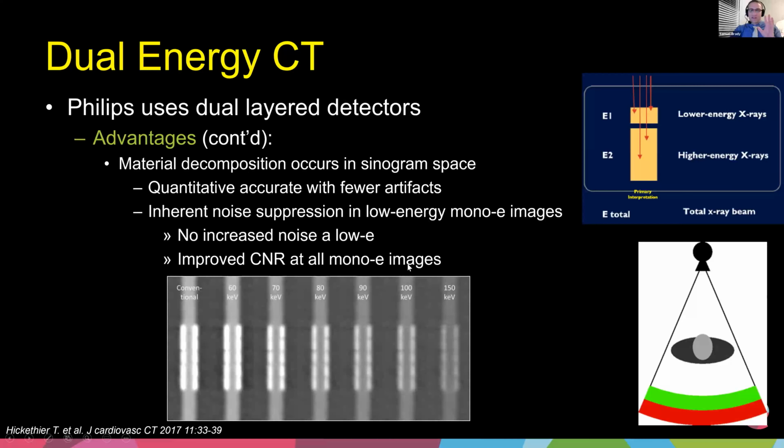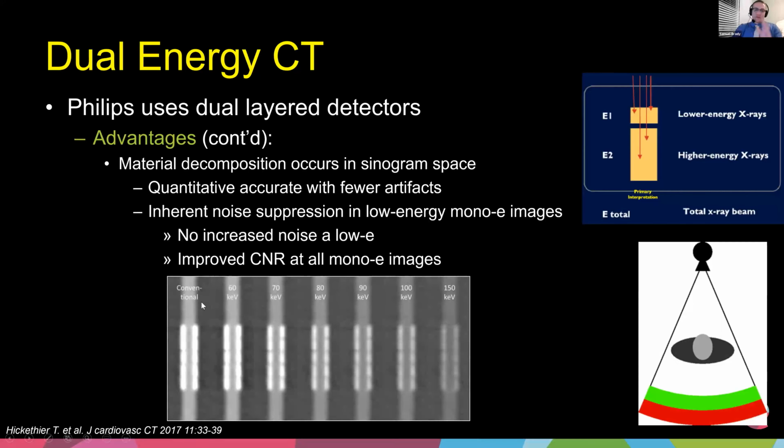But one of the advantages of reconstructing with dual energy is obviously you can determine which material is which, calcium, iodine. But we can also create different looking images. We can create really high contrasty, low mono E images, and we can create low contrast, but low noise.